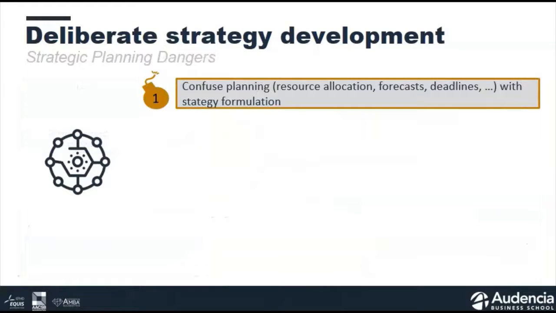Now, there are some dangers with strategic planning processes, and I thought I'd bring them out for you. First off, we have a tendency to confuse planning with strategy formulation. Sitting down and deciding, okay, we're gonna plan, we're gonna do some marketing planning, we're gonna fix certain dates on our agenda, we're going to define resource allocation, we're gonna fix some deadlines and make some forecasts.